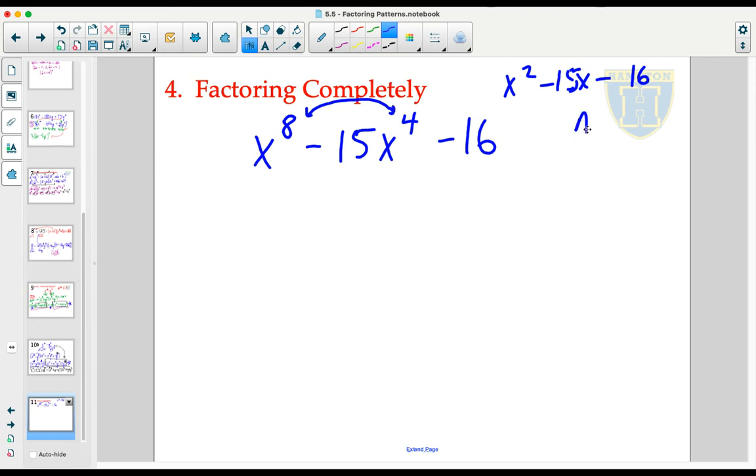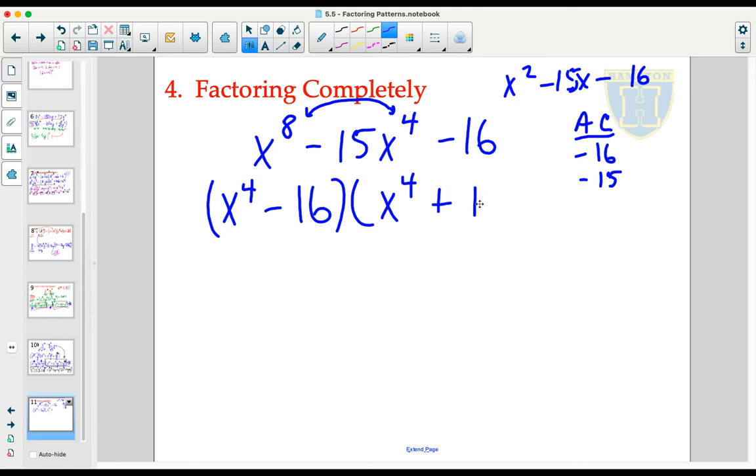So if I AC, I multiply negative 16 times the 1 that is the leading coefficient, and I get negative 16. And then my B is negative 15. So I'm looking for a product of negative 16 and a sum of negative 15, which means my factorization is going to be x to the 4th minus 16 and x to the 4th plus 1. That's my two numbers that multiply together to make negative 16 and add together to make negative 15.